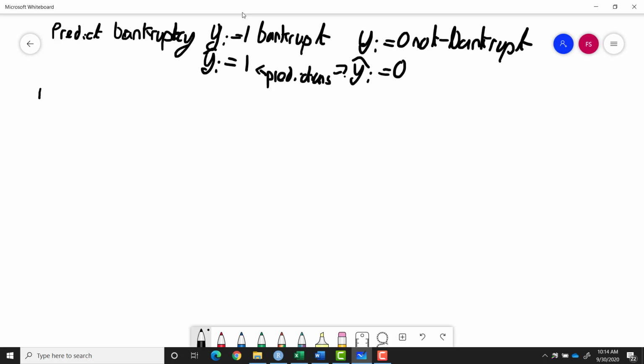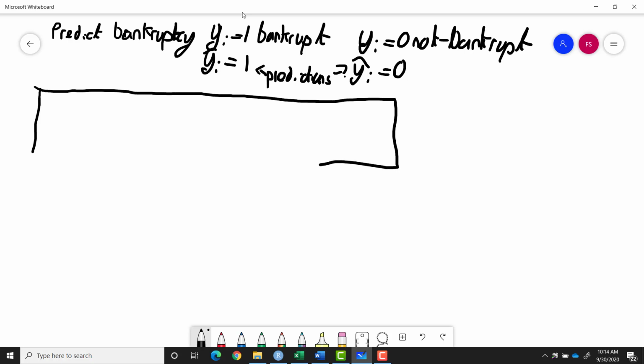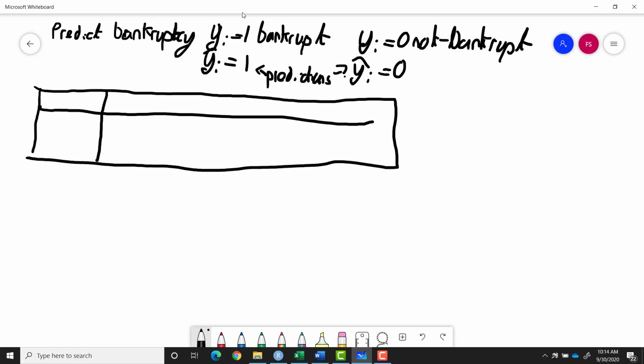Okay, so I'm going to test my ability to draw a table. We're going to have the actual values across here and the predictions in the rows. Okay, I give myself 9 out of 10 for that table. That's better than I usually do.